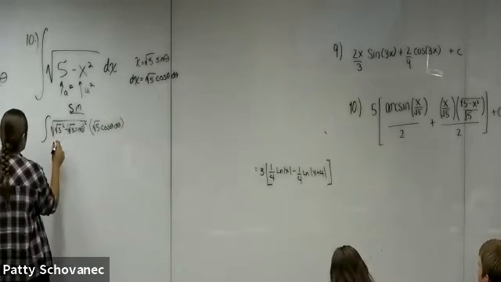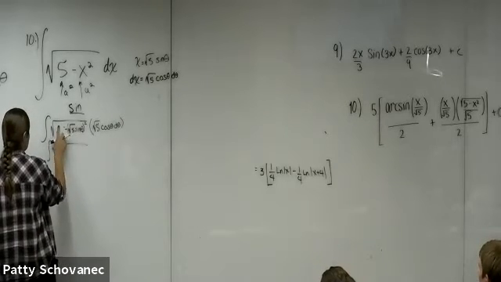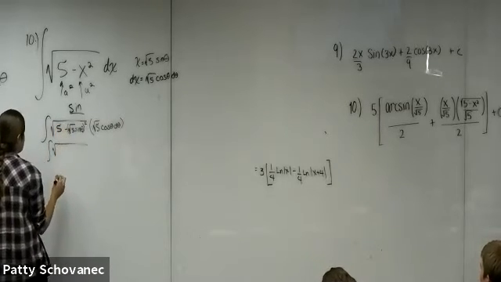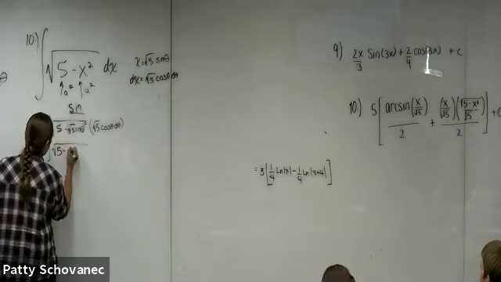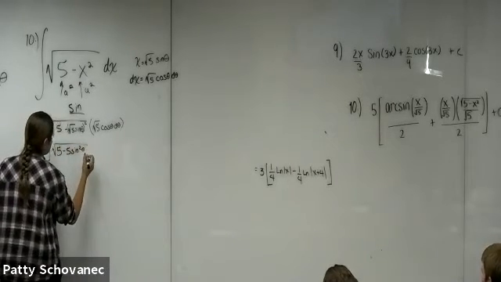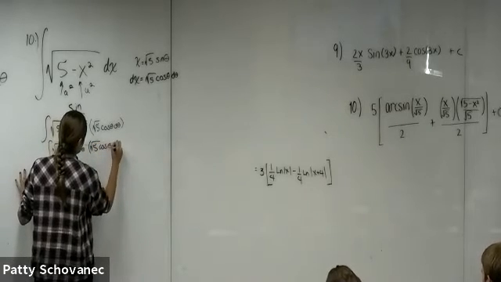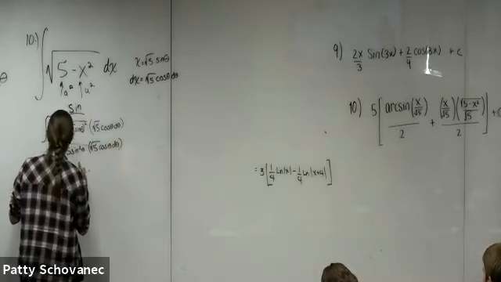Okay, and then solve that. So rewrite this: 5 minus 5 sine squared theta, times square root of 5 cosine theta d theta.